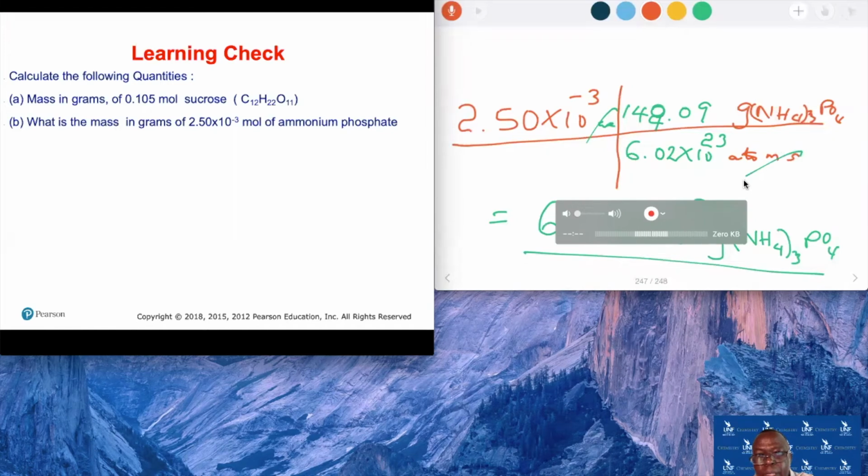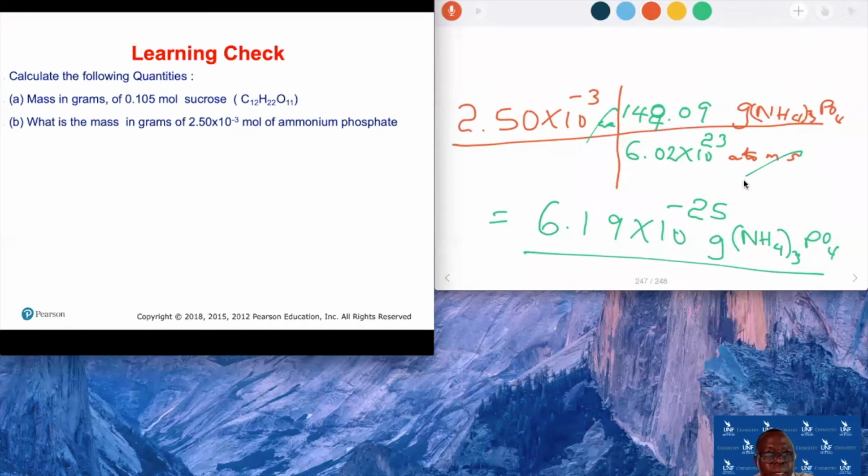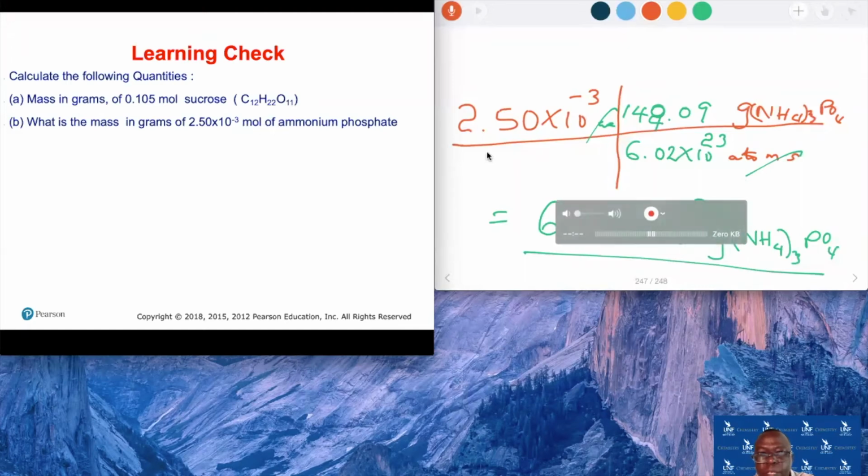I thought we started with moles though. Oh yeah, moles. If we have moles here, if it is atoms, yes, you're right about that.